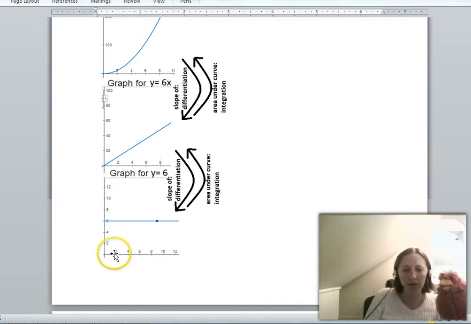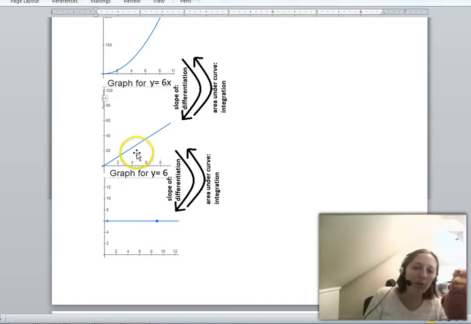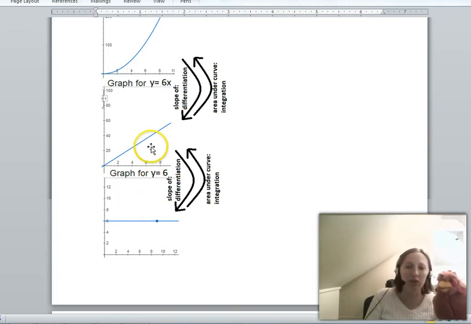At point 4, the area under the curve is a 4 by 6 rectangle, and so that's 24. So at point 4 you put 24. At point 6, it's a 6 by 6 rectangle, and so that's a 36 size point, and so you go 6, 36. So making this graph, going up from the 0th power graph to the 1st power graph, is called integration, and you do it by finding the area under the curve.